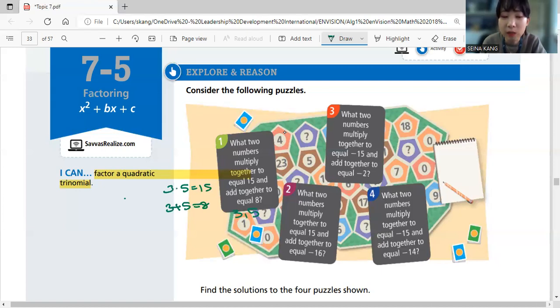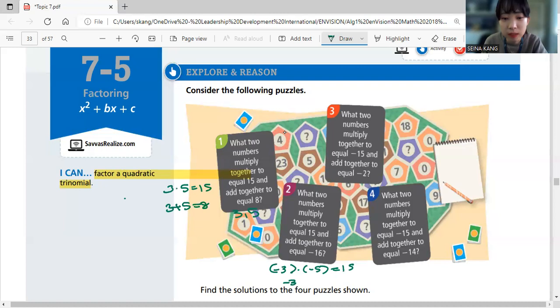But if you add them together, it's positive 16 instead of negative. So you'd have to make one negative. But if you make one negative, when you multiply them, you get negative 15. So you'd have to make both of them negative, right?